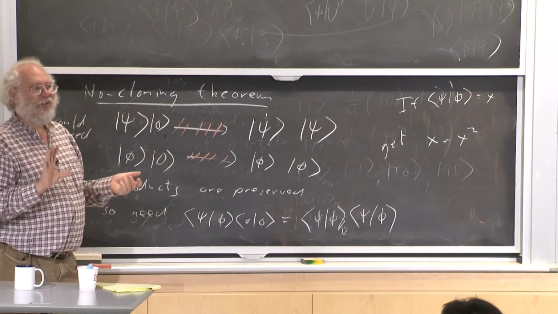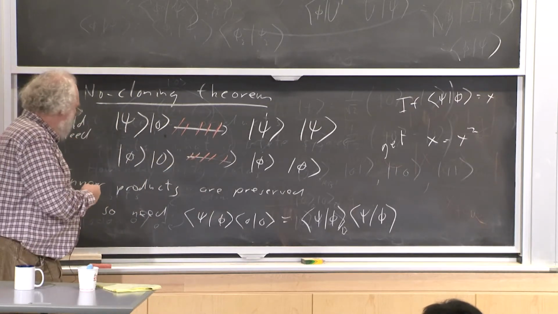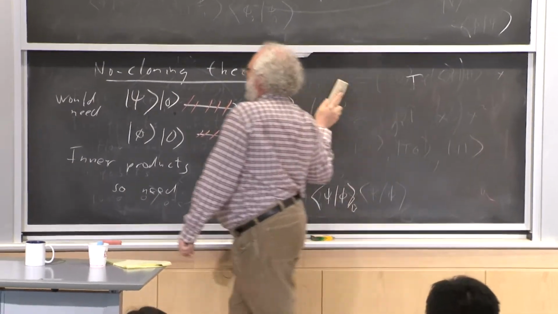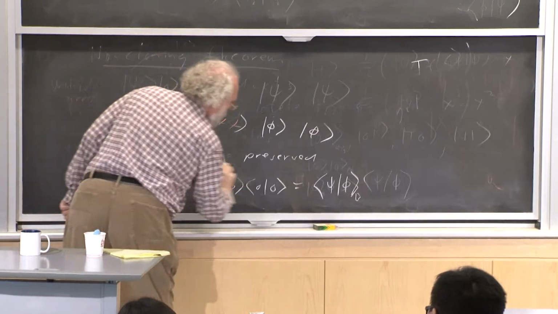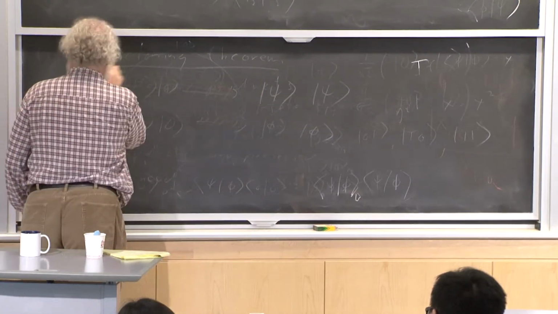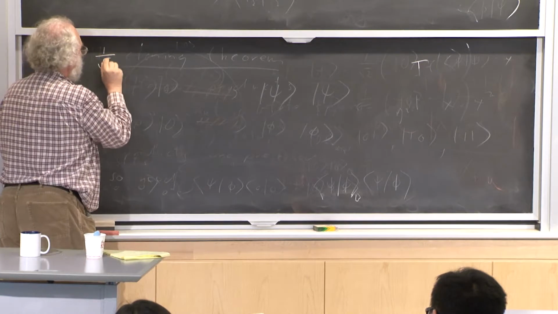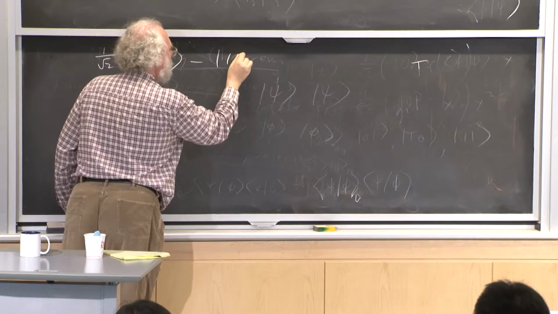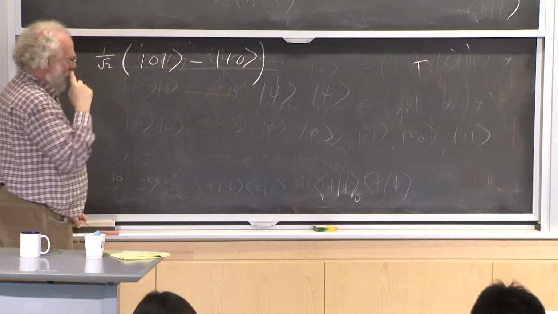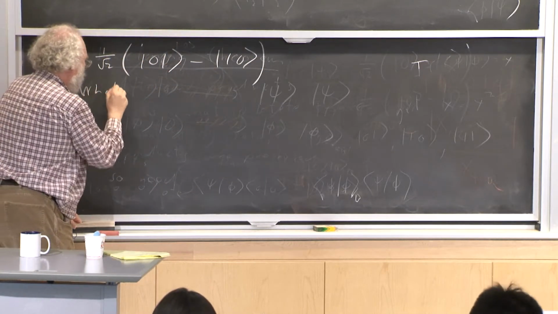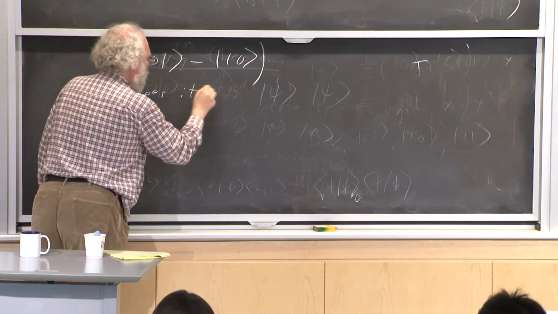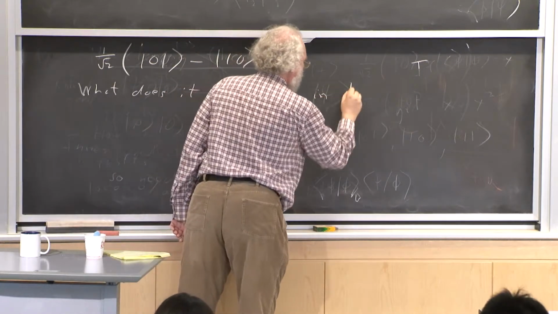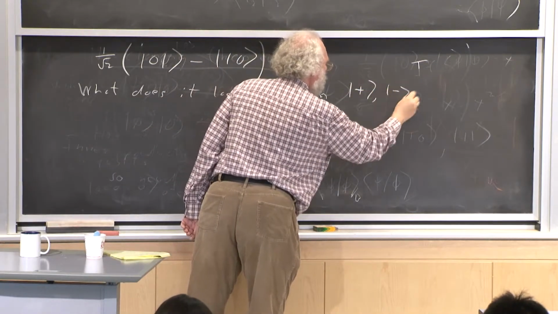Now let's remember our entangled state that I wrote down: 1 over root 2, (0,1 minus 1,0). So what does it look like in the plus minus basis?